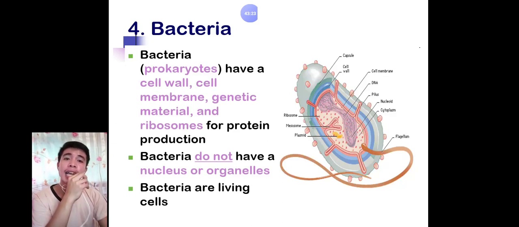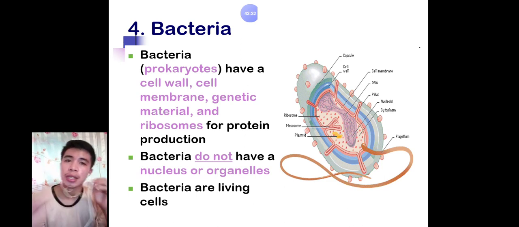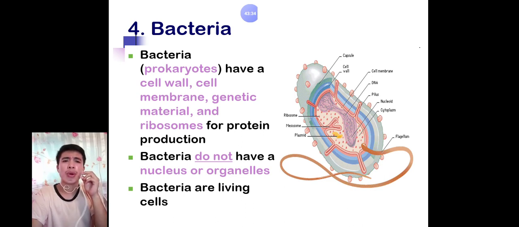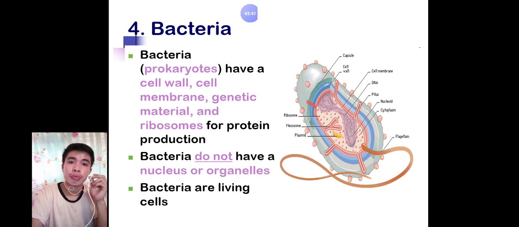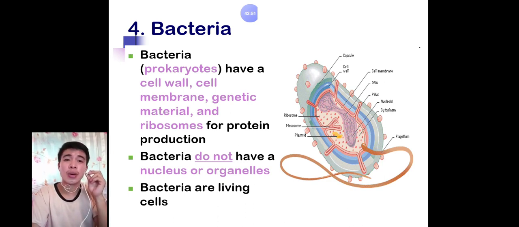Bacteria are prokaryotes that have a cell wall, cell membrane, genetic material, and ribosomes for proteins. What is the difference between prokaryotes and eukaryotes? Prokaryotes have a cell wall and cell membrane but no nucleus, which we covered in our quiz. Eukaryotes have a nucleus and also a cell membrane.